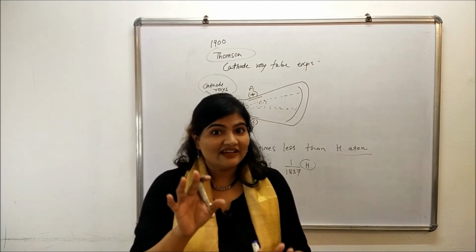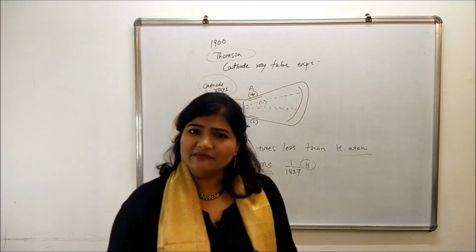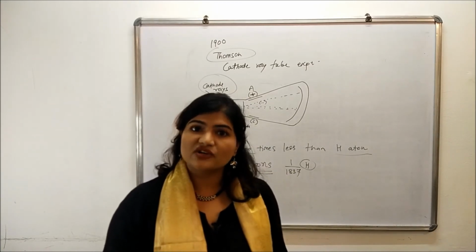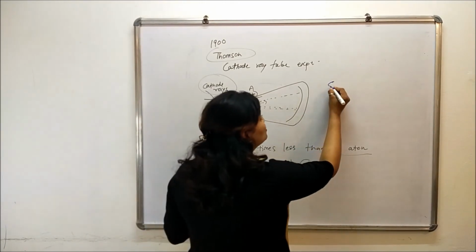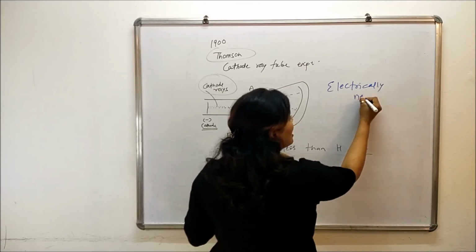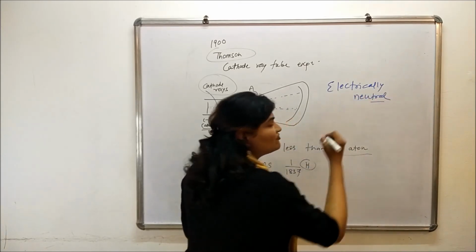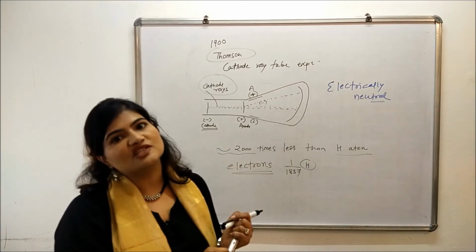But wait, here comes the tricky point. At that time, Thomson and other scientists were also sure that the atom is electrically neutral. The atom does not have any particular charge on it, and Thomson was saying that it has negatively charged subatomic particles. So how is it possible?